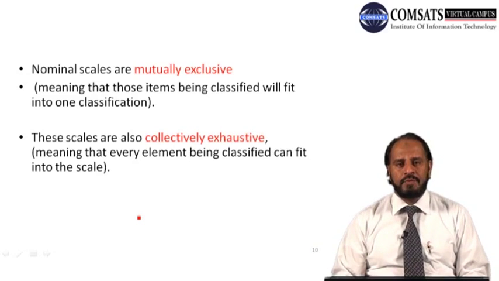So you want to make sure that the response categories are mutually exclusive and collectively exhaustive, meaning all possible choices are listed there. A respondent can pick one of them, of course, and not all of them. The answer has to be in one of the categories, not all of them. And this is an example of what we call a nominal scale.